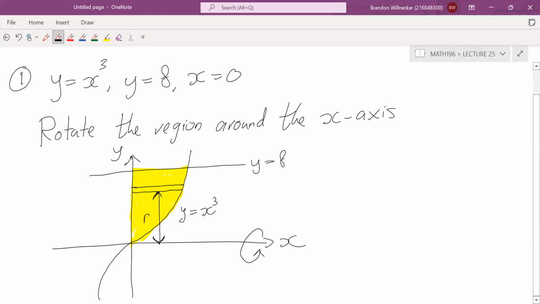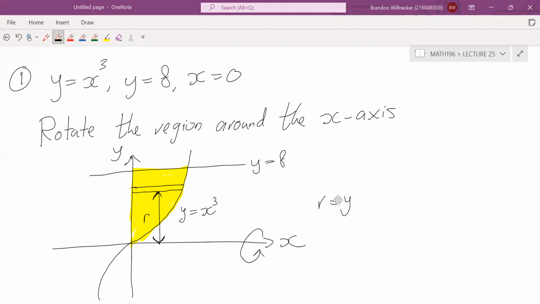Because remember, the radius is always the distance from the axis of rotation to the point that we're interested in. So we're interested in this rectangle here. So the vertical distance from the rotation axis to the rectangle, that's the radius. Okay, so in this case, the radius is just the y value, or the y height.